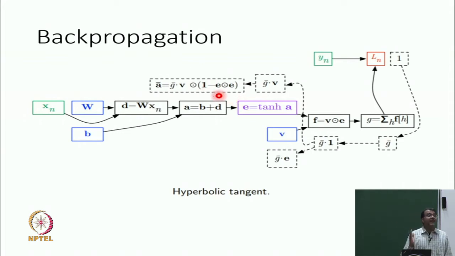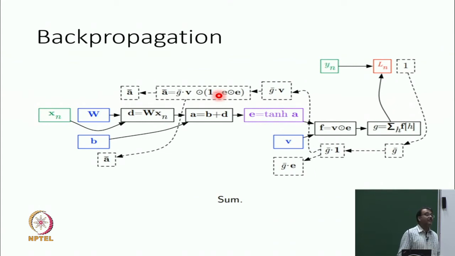Now I have computed a bar. a is equal to b plus d. So the derivative of a with respect to b will be 1, and the derivative of a with respect to d would be 1. So therefore d bar will be a bar, and b bar will also be a bar.